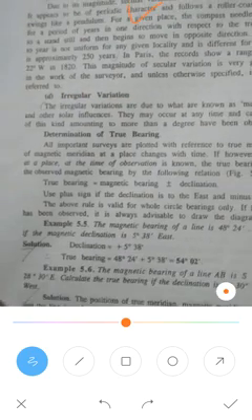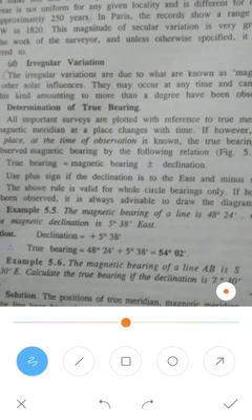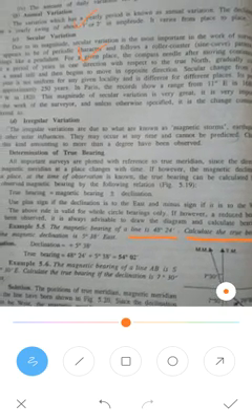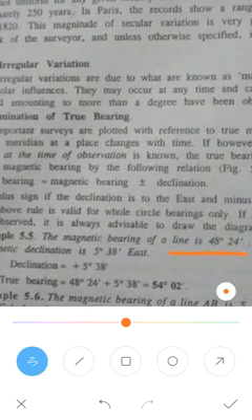See, consider the first one. The magnetic bearing of the line is 48 degrees 24 minutes. Calculate the true bearing if the magnetic declination is 5 degrees 38 minutes. Consider this is the north. This is the true meridian.